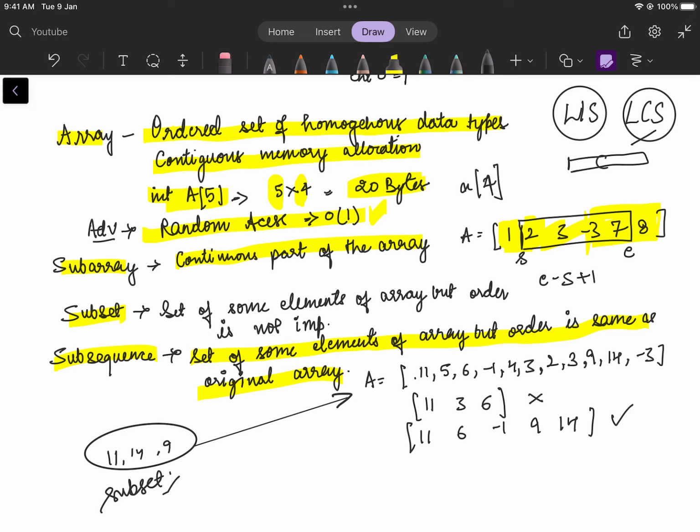Suppose cat and mat, the common subsequence is "at" of length 2. Subsequence means order matters. So 11 then 3 then 6 is not a subsequence, but 11 then 6 then -1 then 9 then 14 has the same order as the original array, so it is a subsequence.